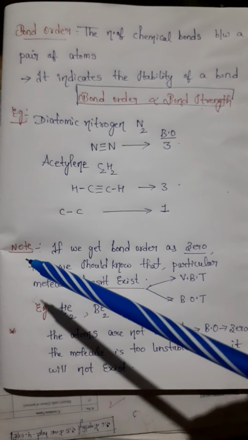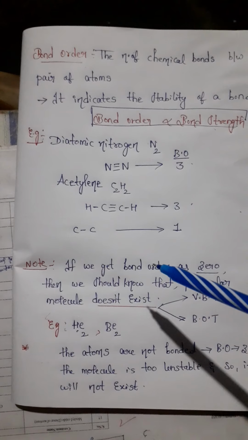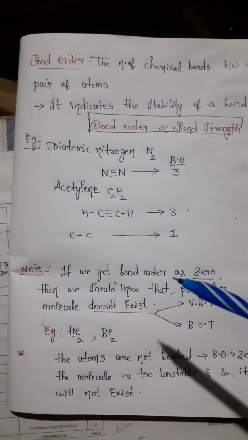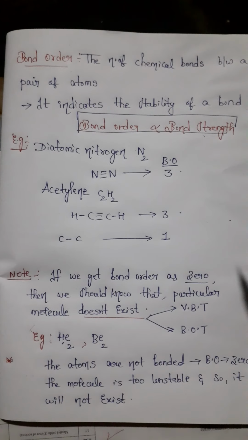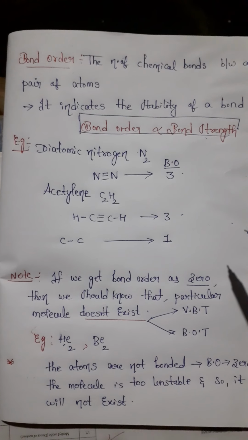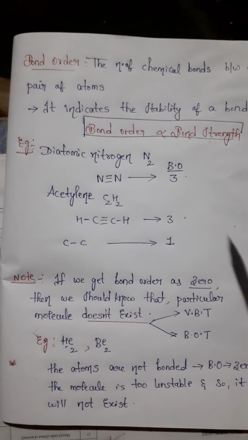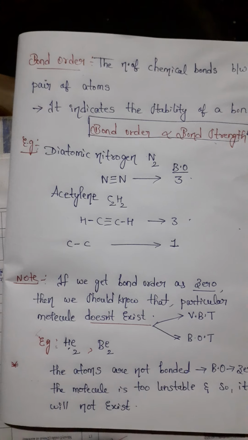Okay, let us look at a very important note. If we get bond order as 0, then we should know that that particular molecule doesn't exist. If any molecule is given and we are asked to find the bond order, and we get 0 as the bond order, then we should know that that molecule is not going to exist.